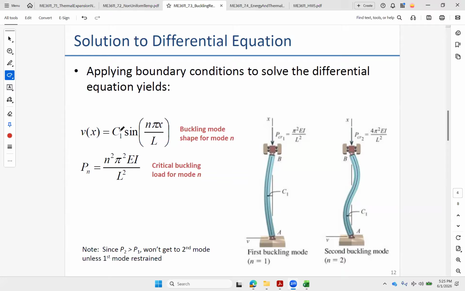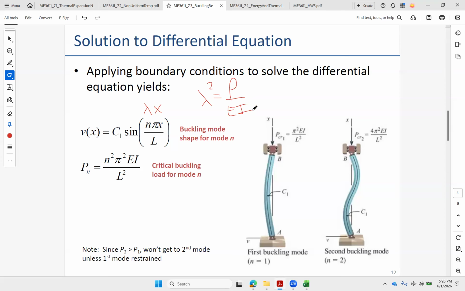That means my critical load to cause buckling, remember this is lambda times x right here. And we said that lambda squared was P over EI.